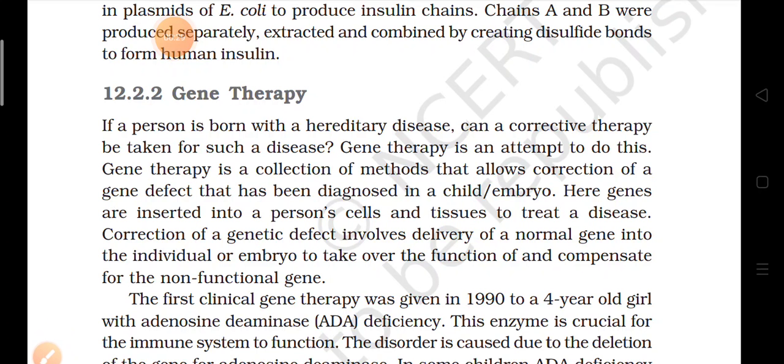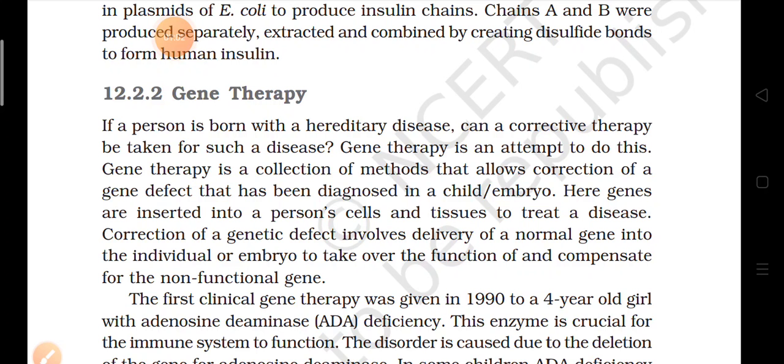So now the next topic is gene therapy. What is this term representing? In gene therapy, the defective gene is corrected. Means if there is any defect in any organism, then by using biotechnology the gene can be corrected, because as you know, a gene is responsible for producing particular characteristics, and if there are any defects in the gene, then the organism is born with those defects in the body.